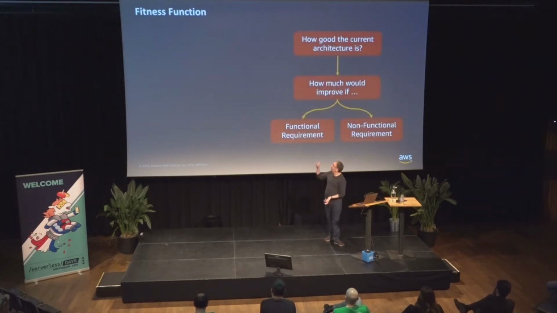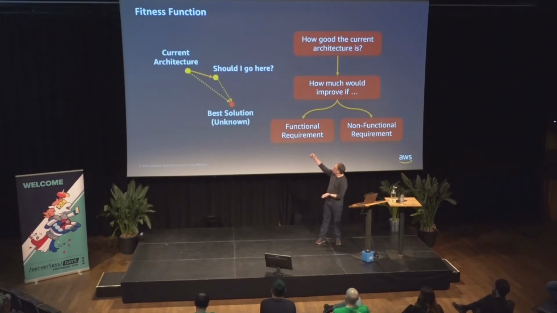So I can use the fitness function to look at my current architecture, and then if I have to decide whether I should focus on adding a new functional requirement, or on solving some non-functional requirement like scalability, I can take my current architecture, compute the two different fitness functions for the two different scenarios, and see which one gets me closer to what I want to build and gives me a higher score.